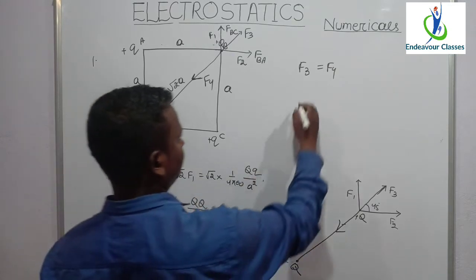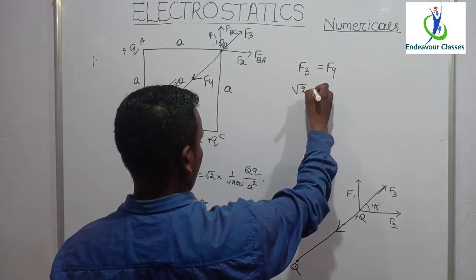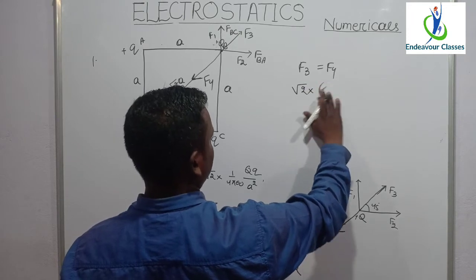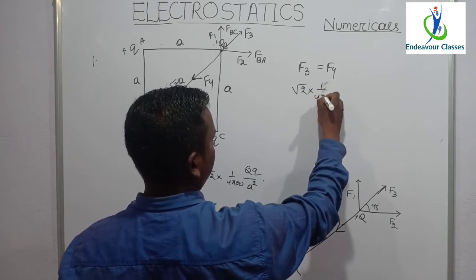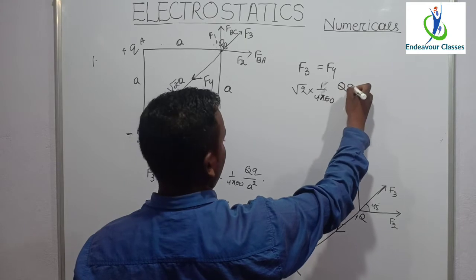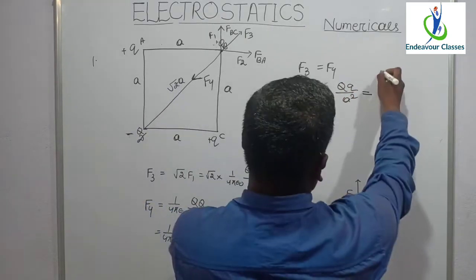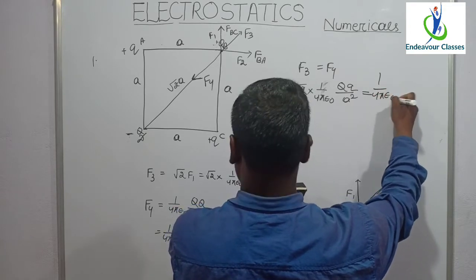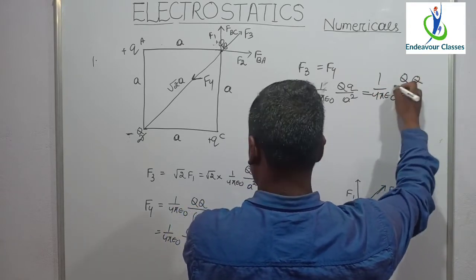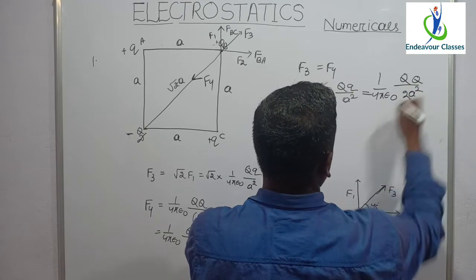So here F3 is root 2 times capital 1 by 4 pi epsilon naught capital Q small q divided by a square, and that must be equal to 1 by 4 pi epsilon naught QQ by 2a square.